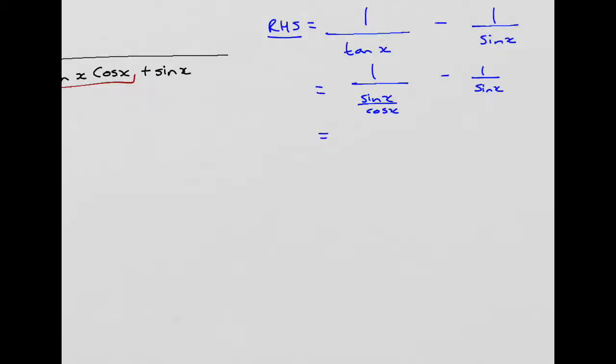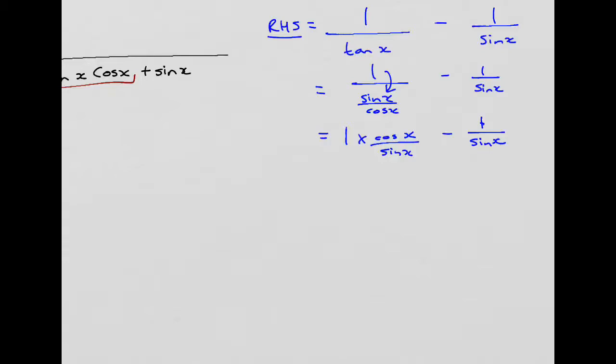Okay, so I'm just banking my left-hand side for a little bit, and I'm working with my right-hand side. I've changed tan to sine over cos, and now that's saying it's 1 divided by sine over cos, which means I can say 1 times cos over sine if I flip it, and then 1 over sine x there still.